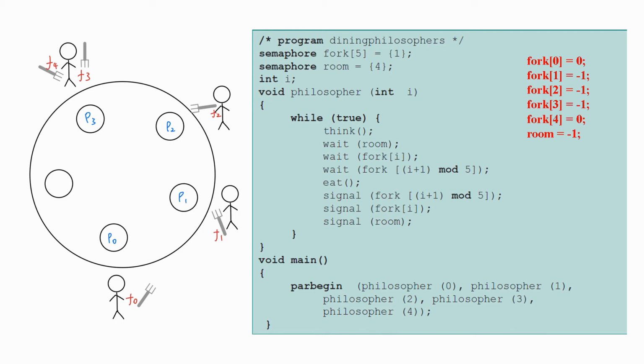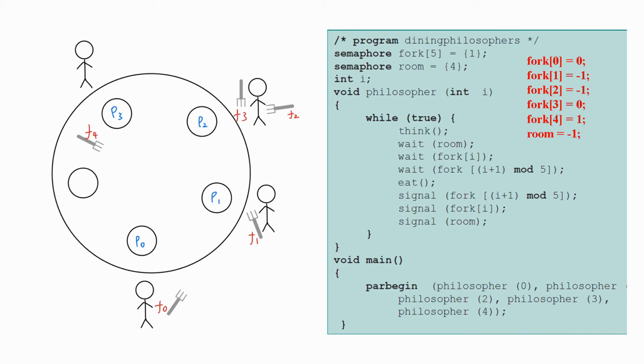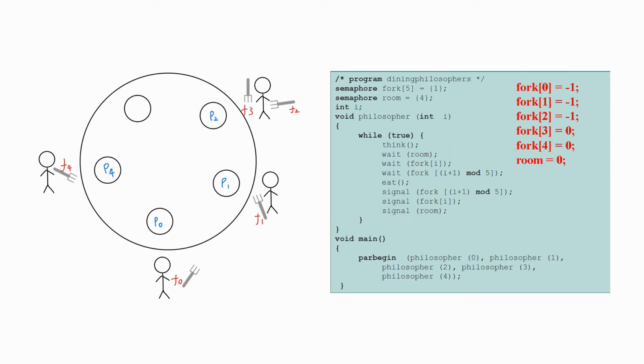After philosopher 3 finishes eating, he or she returns 2 forks. Philosopher 2 is therefore released from fork 3 queue and gets fork 3, the 3rd fork. Philosopher 3 also sends sam signal to room while exiting the room, releasing philosopher 4 from the room queue.